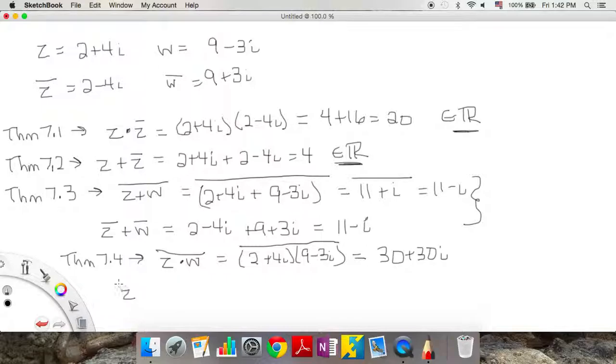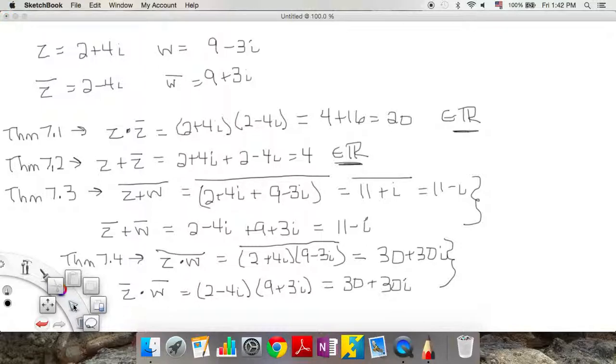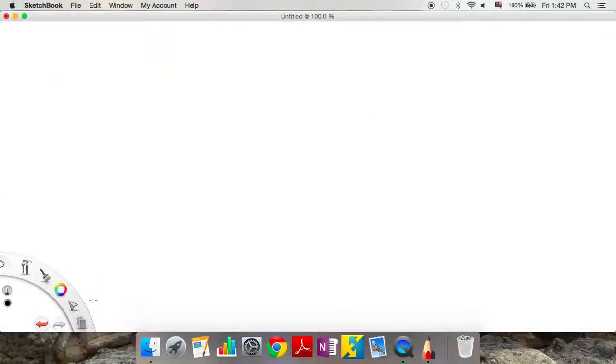And if we took the conjugates and then multiplied them, you still end up with 30 plus 30i. I assume you can FOIL that out and combine like terms. So adding or multiplying, you can either do it first and then take the conjugates, or take the conjugates and then do it. Remember, these are examples, not proofs, so you need to make sure you understand why this works.